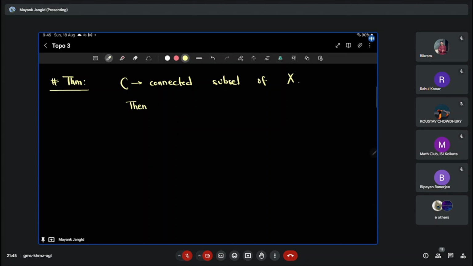So I have a connected subset, so here C is connected as a topological space, and the topology is inherited from X by the subspace, which we call the subspace topology. So if C is a connected subset of X, then C closure, which we defined at the beginning as the intersection of all closed sets containing C, or C union limit points of C, is also connected.